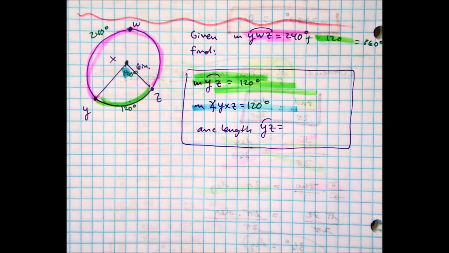So I'm going to write down my proportion. Partner A, tell partner B what's the awesome proportion we're going to use today. Lily, what is the proportion we're going to use?